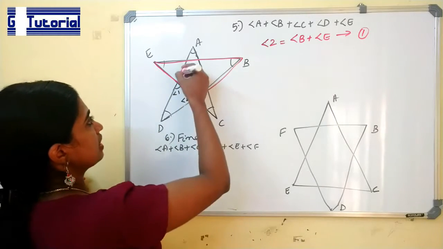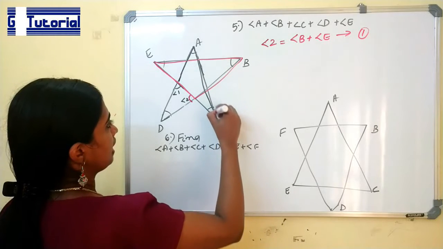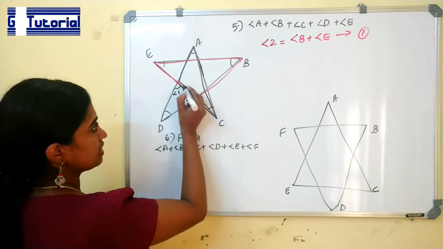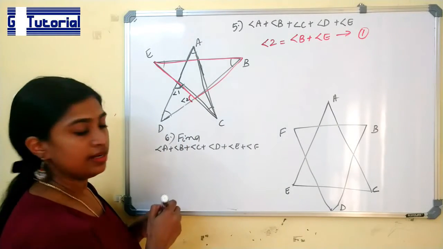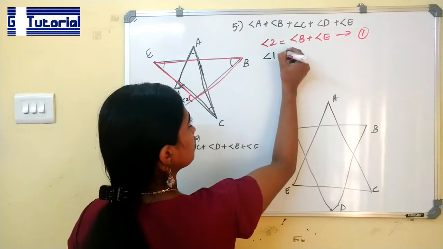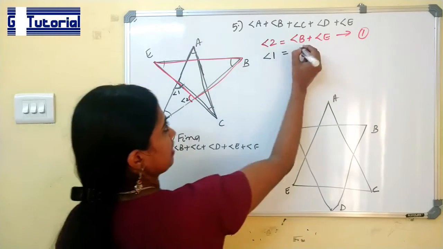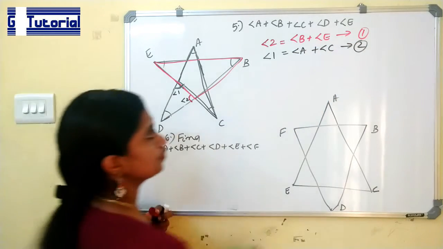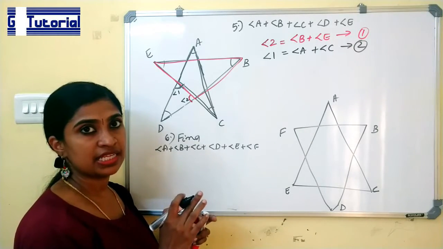Similarly, if I am considering the second triangle AC, and this side is extended, this is the exterior angle for that triangle. Then angle 1 is equal to the sum of interior opposite angles, angle A plus angle C. This is equation 2.